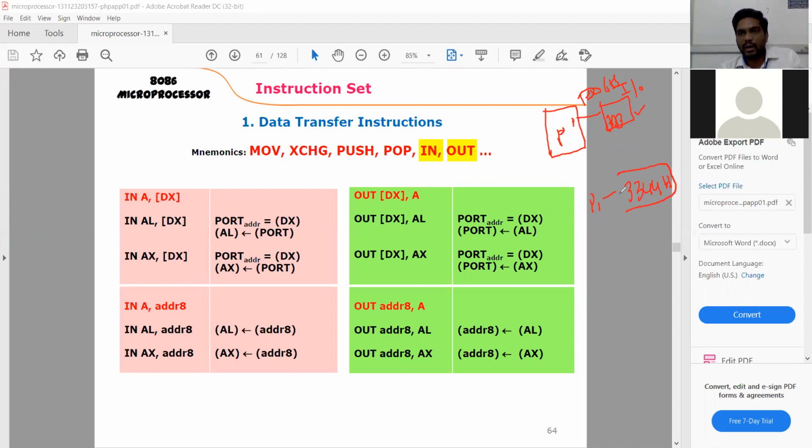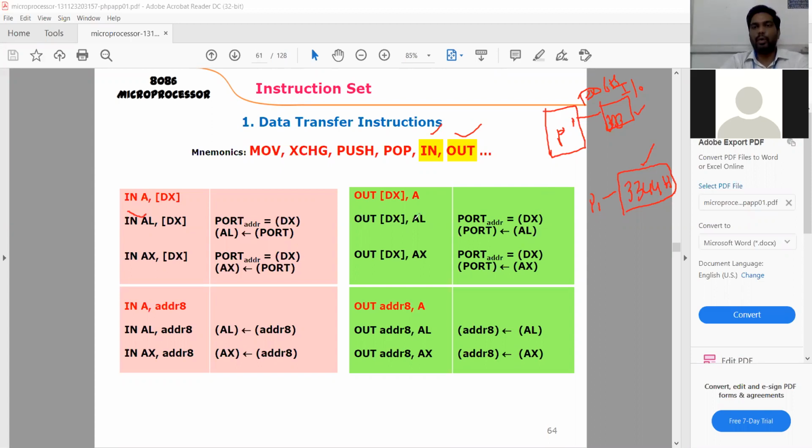For the communication of these IO devices through this address, we use the IN and OUT instructions. Let us see IN A, comma DX.